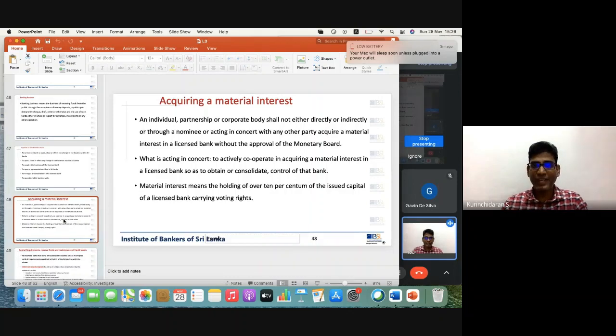So nobody can buy above 10%. If you're going to buy it, you have to have monetary board approval. There are a few banks where this may be a problematic area.